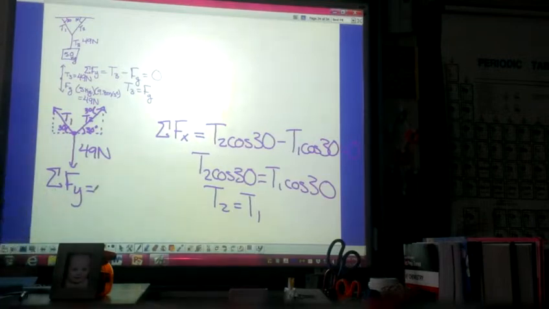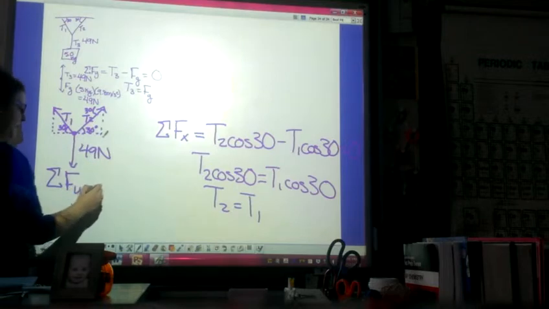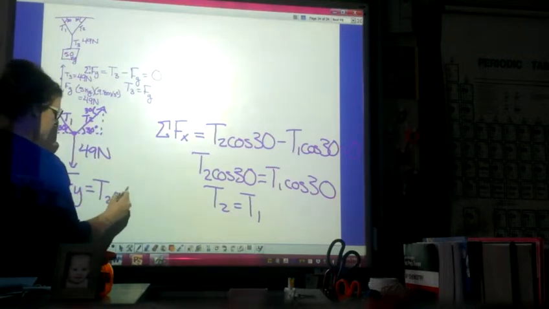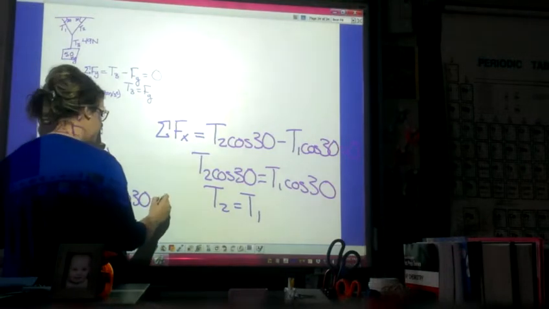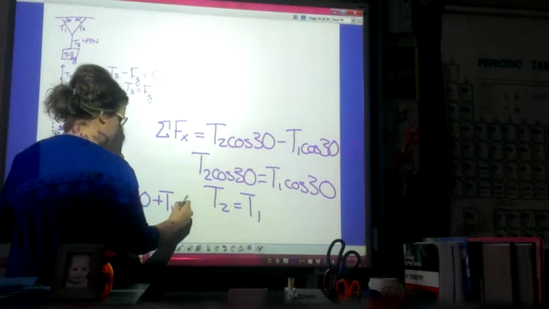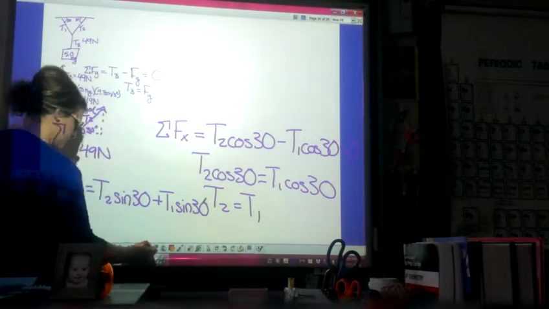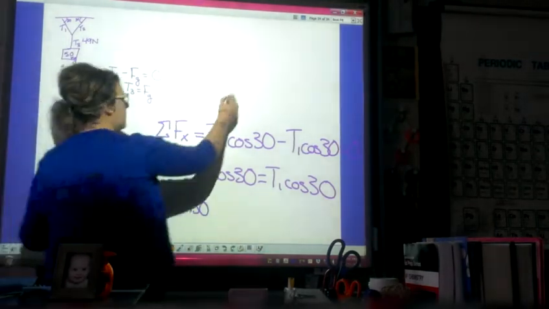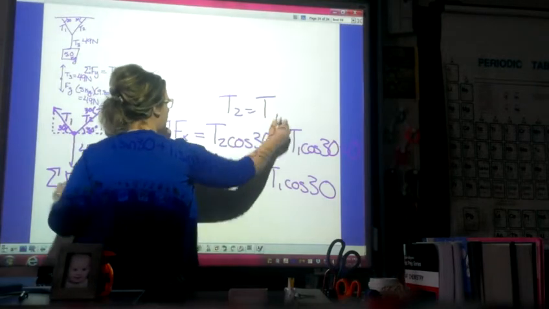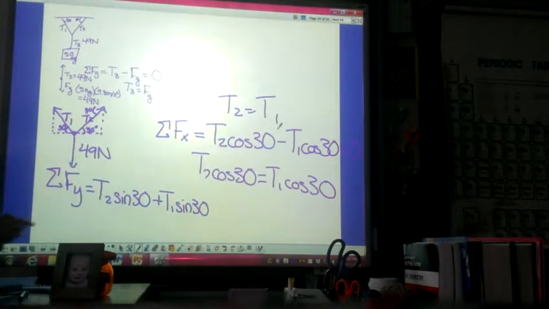So sum of the forces in the y would be T2 sine 30 plus T1 sine 30 but minus 49 newtons.